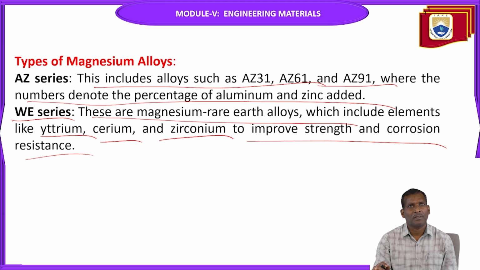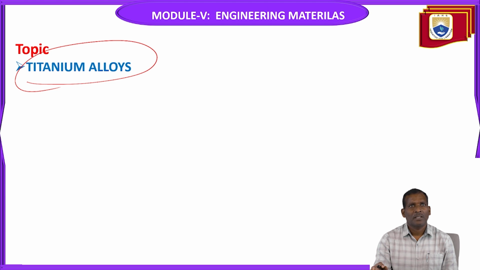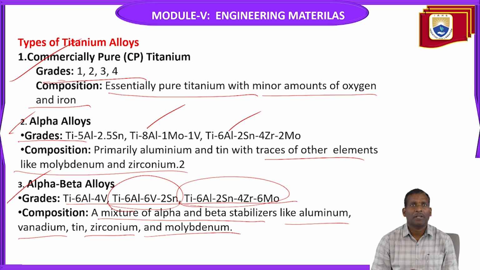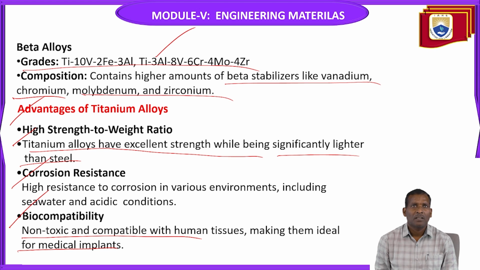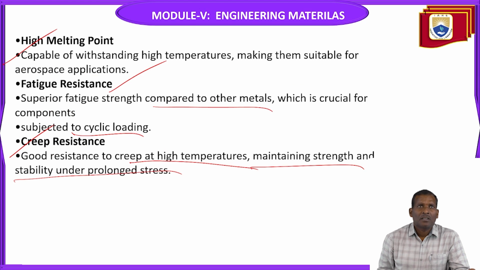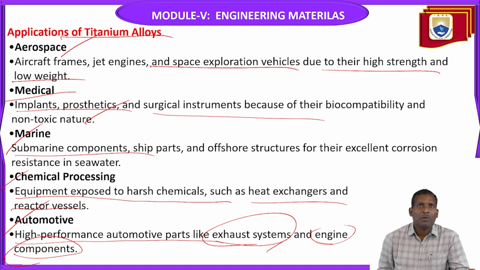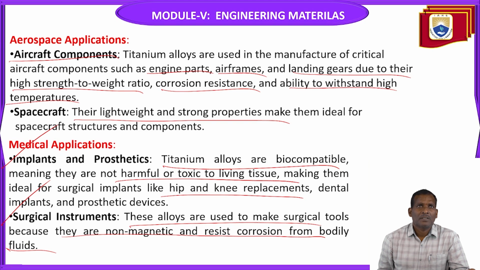The types of magnesium alloys we have seen here. Next, titanium alloys. Types of titanium alloys we have discussed, and the composition, advantages, and applications of titanium alloys.